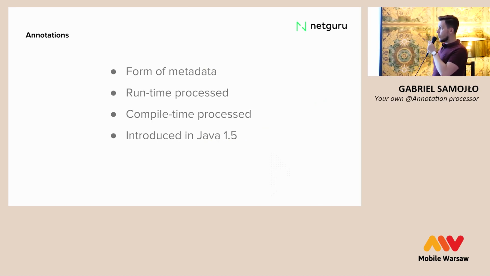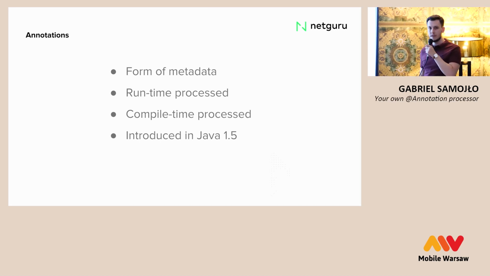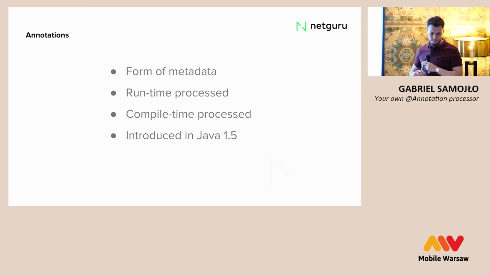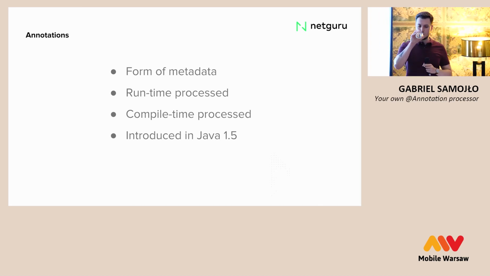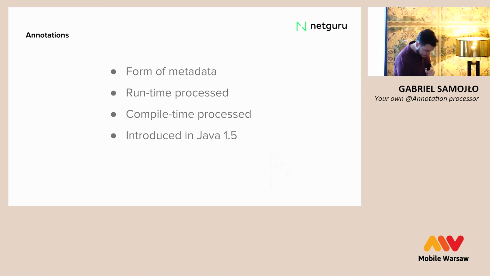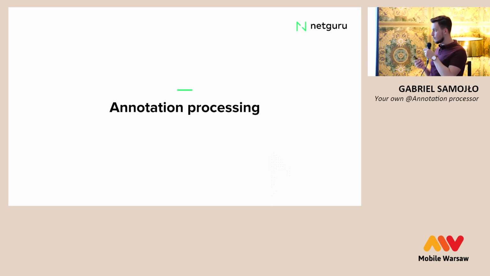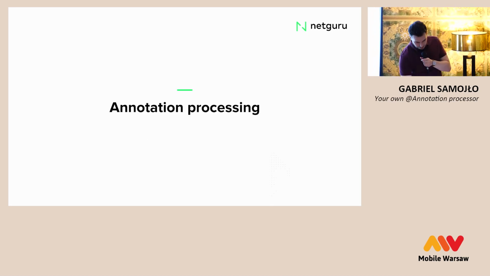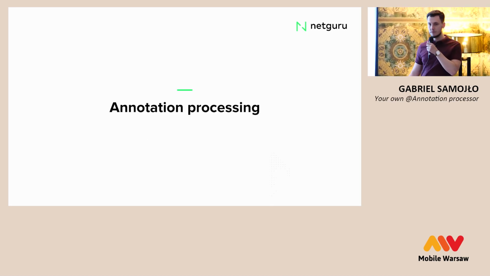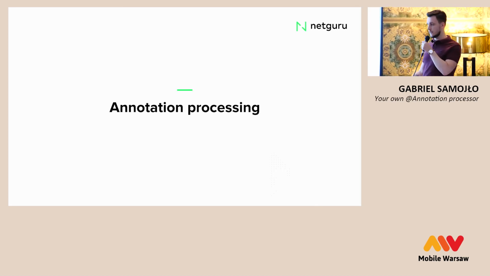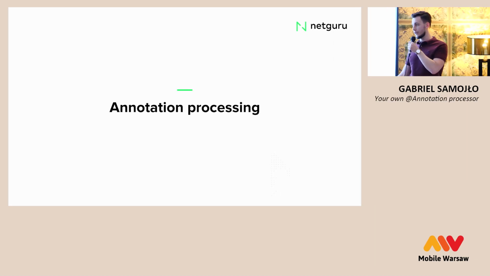Annotations were introduced in Java 1.5, so it's been a while and they are widely used. But annotations without any processor are only information. They don't have any logic, as I mentioned before, and I will be mentioning it all over again.